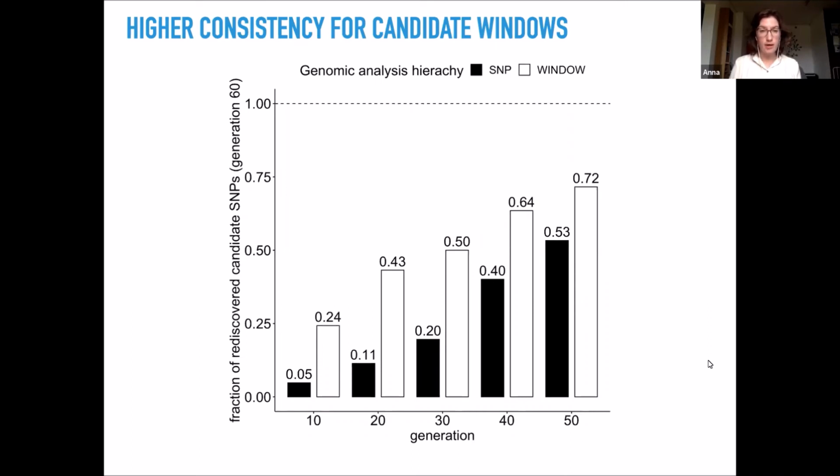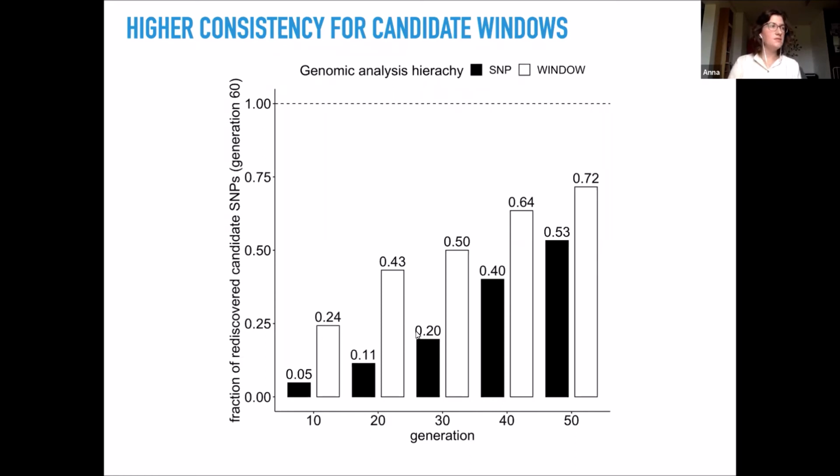And the color of the bars tells you which level we are looking at, so if it's the candidate SNPs or the candidate windows. And a value of 0.2 would, for example, mean that 20% of the candidate SNPs in generation 60 are statistical outliers all the way back to generation 30.